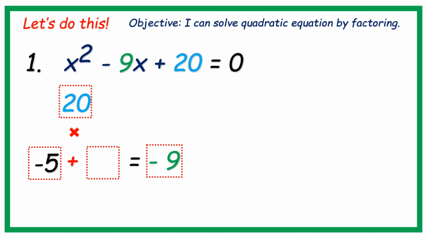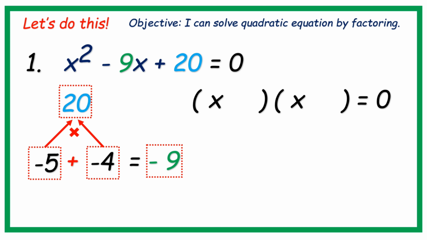Negative 5 times negative 4 gives you 20, and when you add negative 5 plus negative 4, the answer is negative 9. There we have it, the two numbers that we need: negative 5, I'm going to put it there, and negative 4.